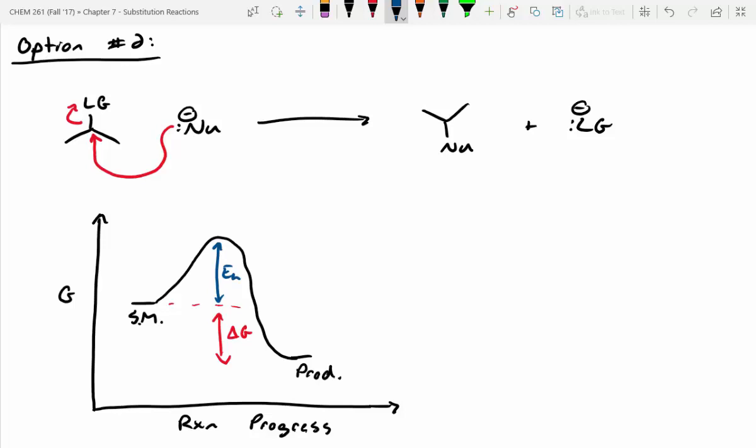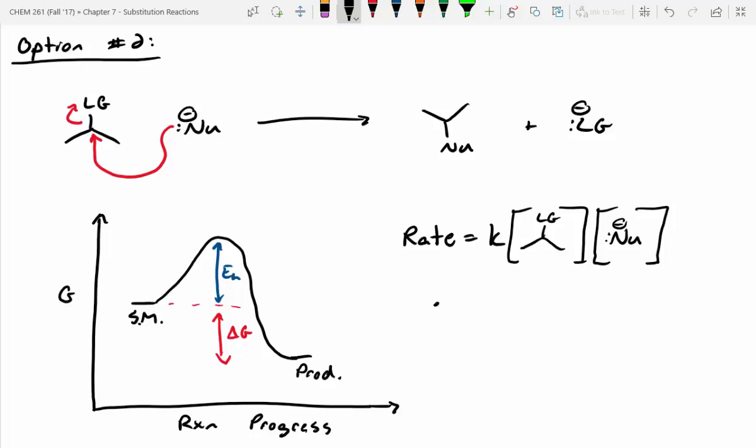Okay, so now looking at this, let's do the same thing and try to predict the rate equation. So we know rate is going to be equal to some rate constant little k, and then what matters? Yeah, exactly. Both reagents matter because it relies on a collision between two different molecules. So I'm going to say this depends on the concentration of this times the concentration of our nucleophile.